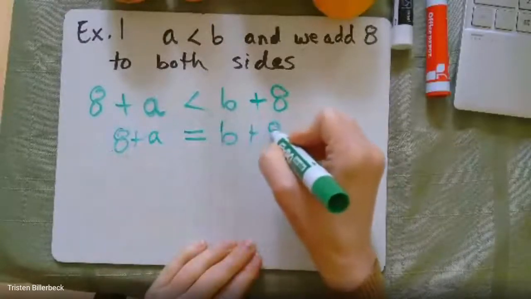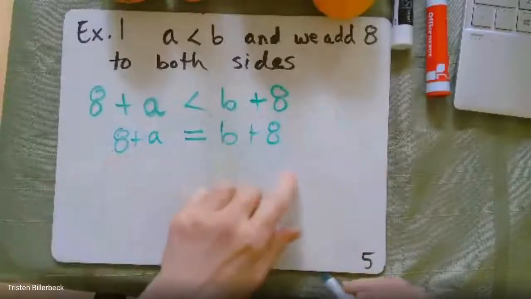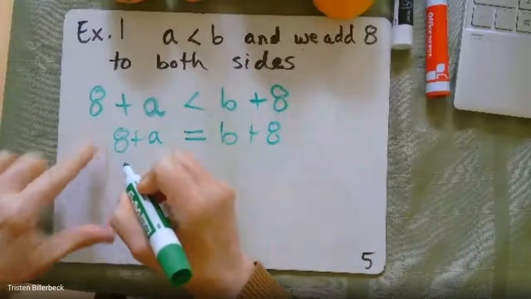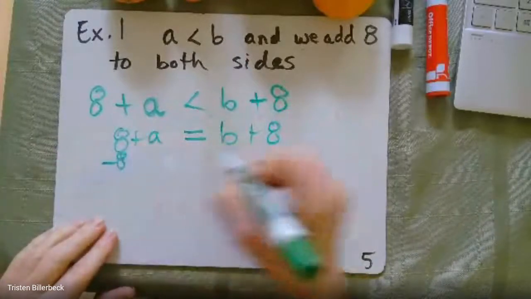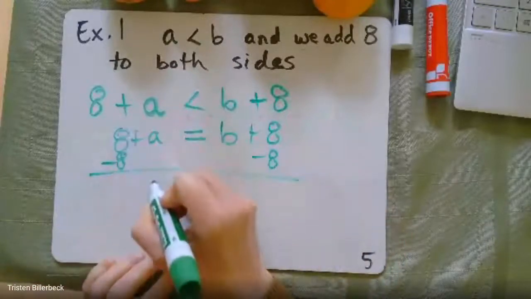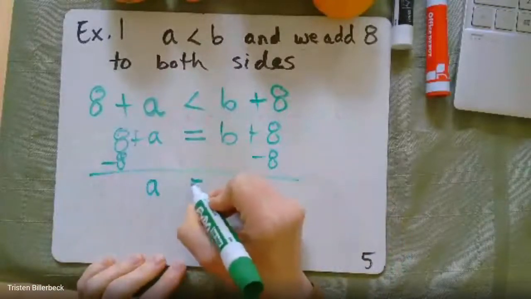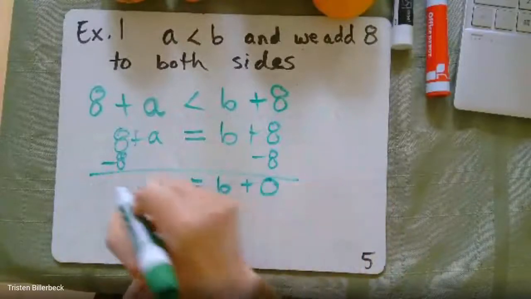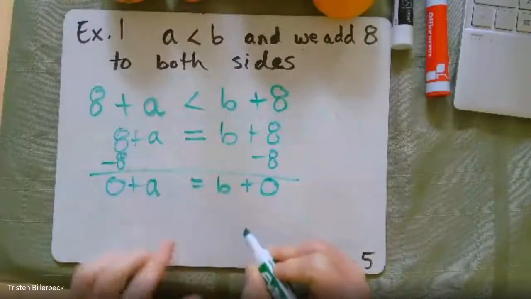How do we move that 8 to the other side? That's right, the opposite of a plus 8 would be a minus 8. So we have A equals B.